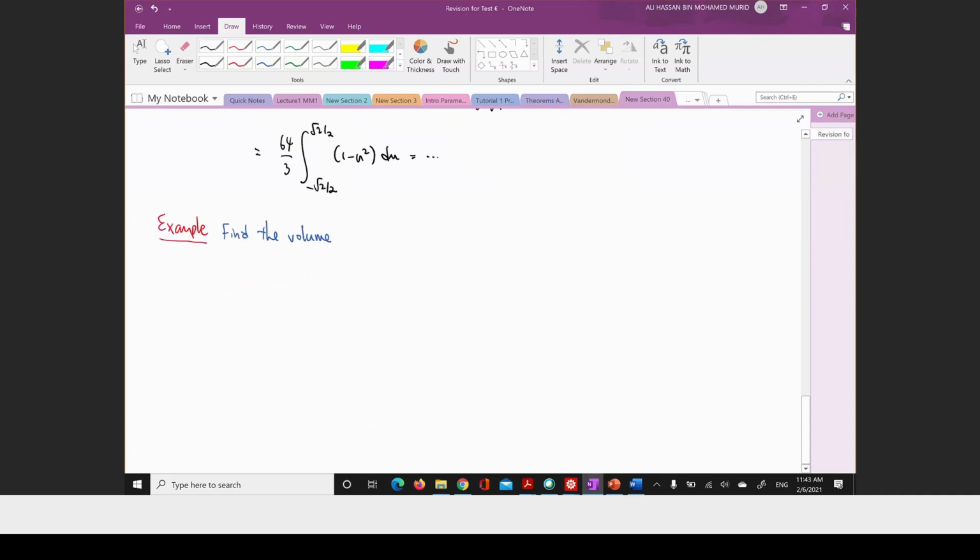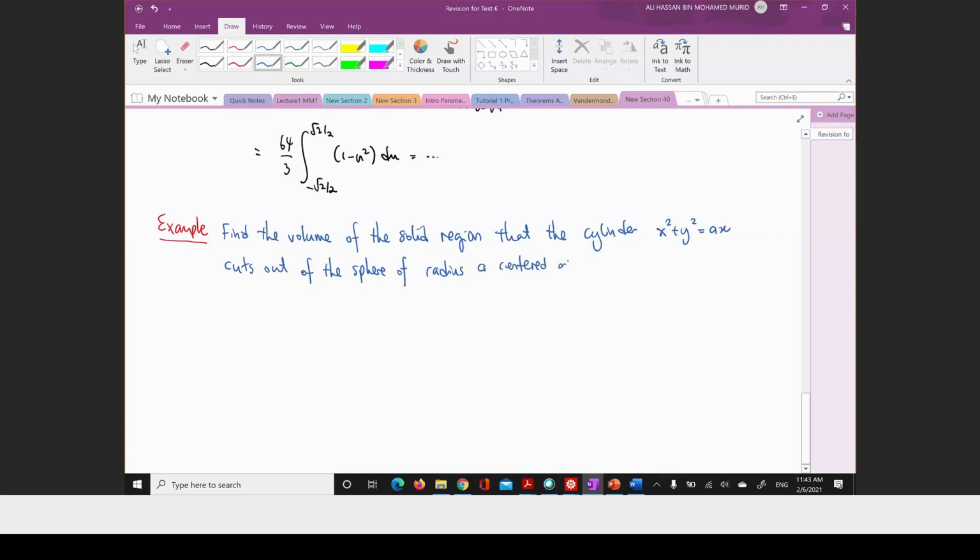Find the volume of the solid region that the cylinder x squared plus y squared equal to ax cuts out of the sphere of radius a centered, say, at the origin.